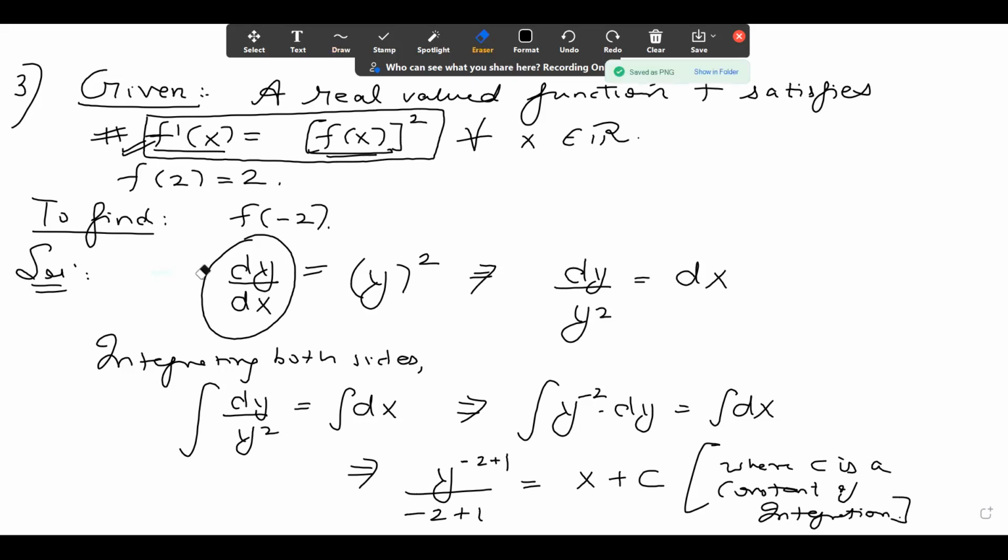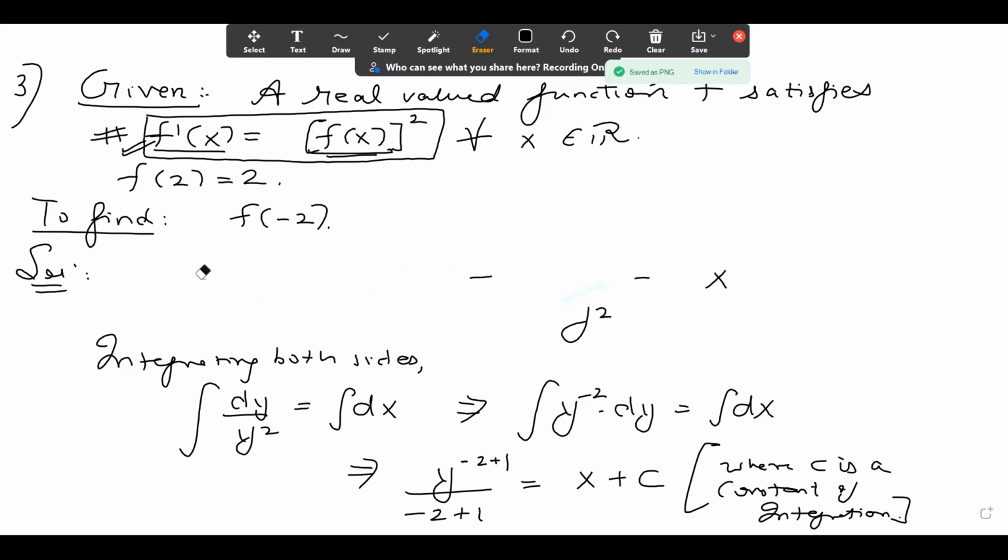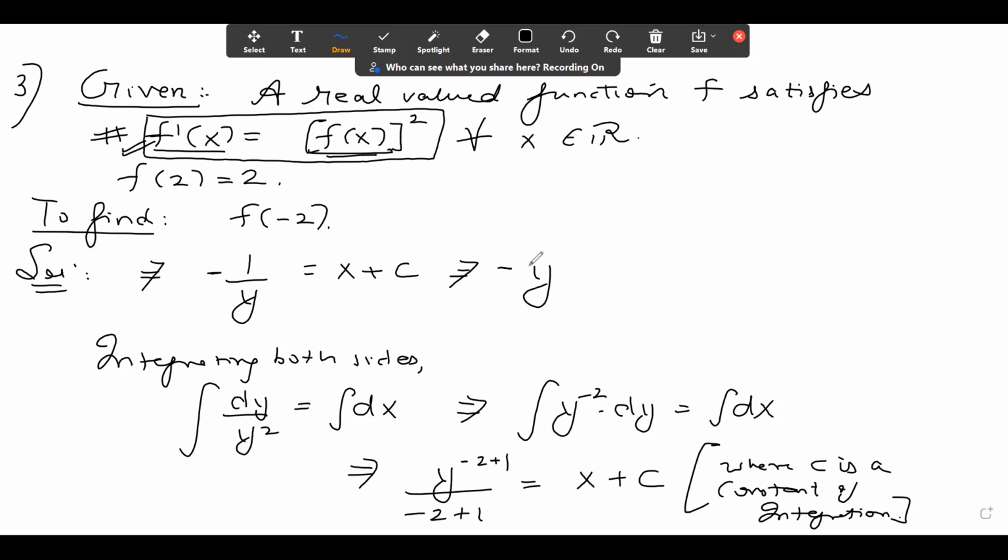So what do I get now? This implies minus 1 by y is equal to x plus c, which implies y is equal to minus 1 upon x plus c.